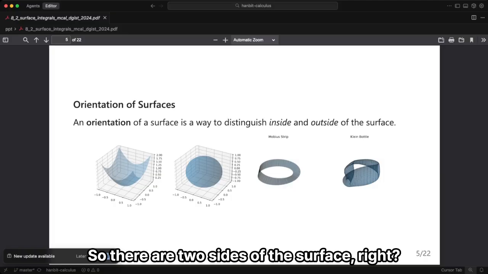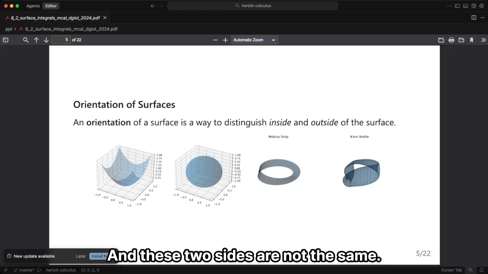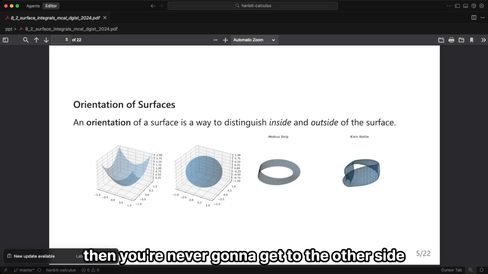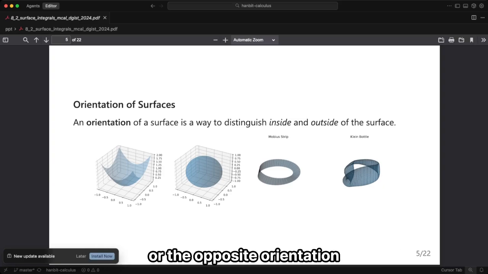So there are two sides of the surface, right? And these two sides are not the same. You cannot get to the other side by walking along one side. That's the orientation. If you take one orientation and keep it as your heads-up direction, then you're never going to get to the other side, the opposite orientation, by walking along that surface.